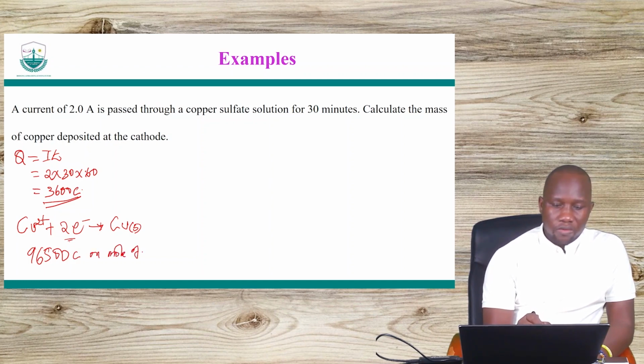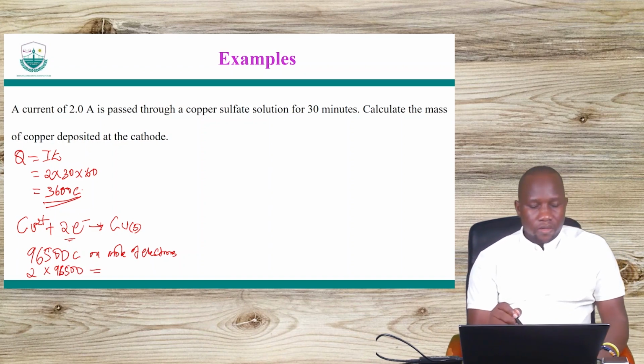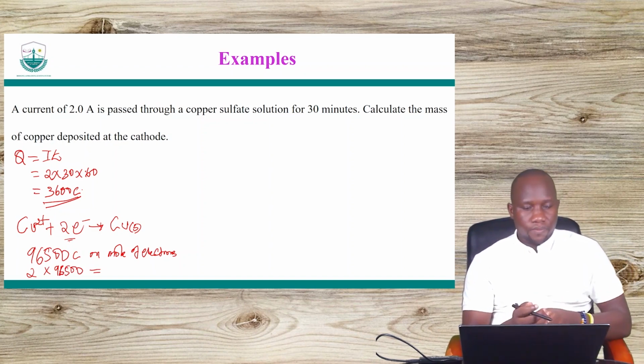So 2 moles, you basically just multiply that, right? So what do you get there?